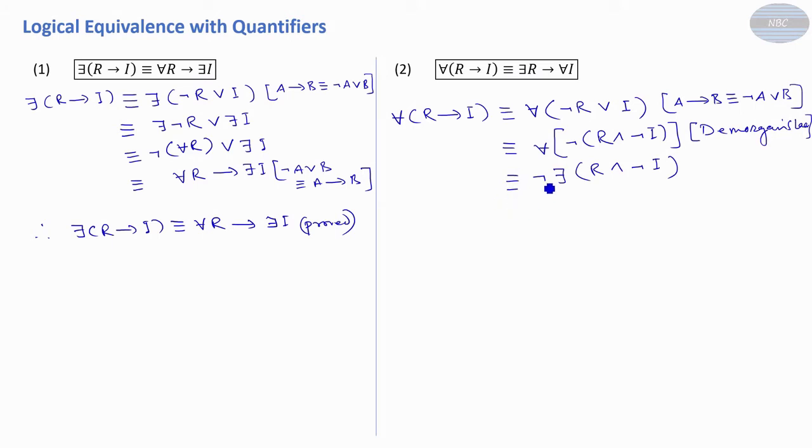Now this one is equivalent to, if you take the negation outside, this existential quantifier can go inside the bracket, so it can be written as there exists x P and there exists x not Q.